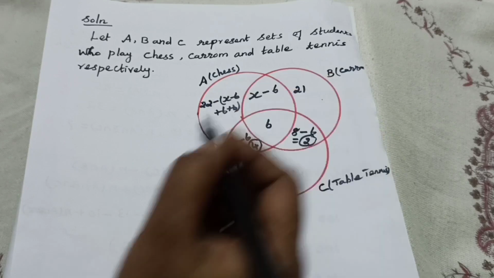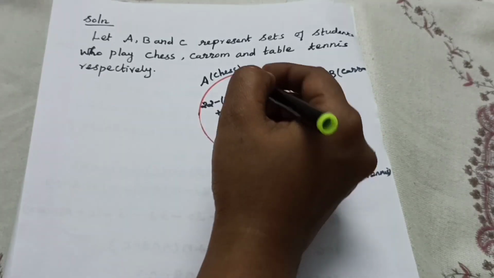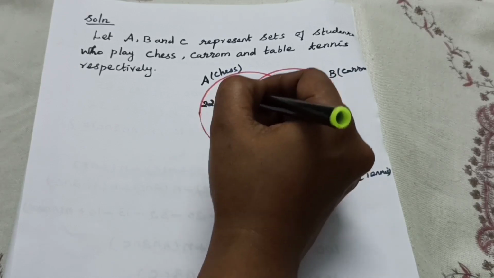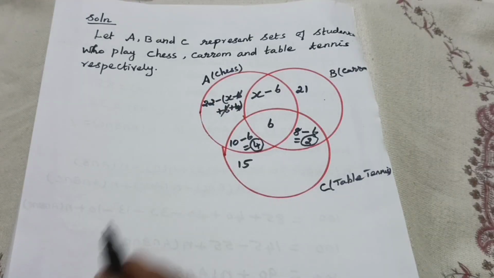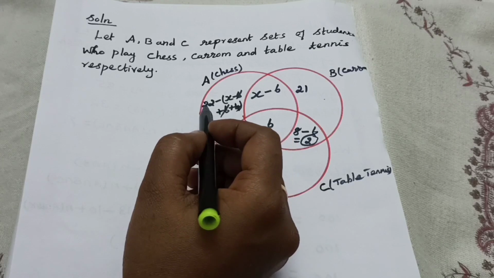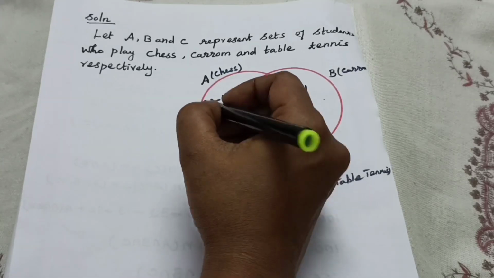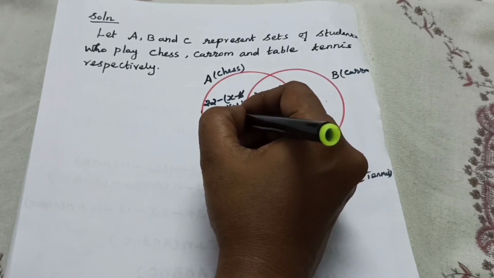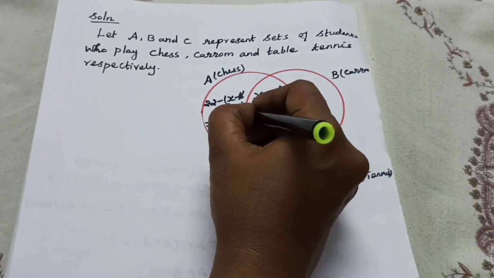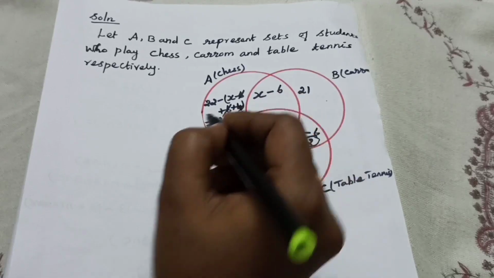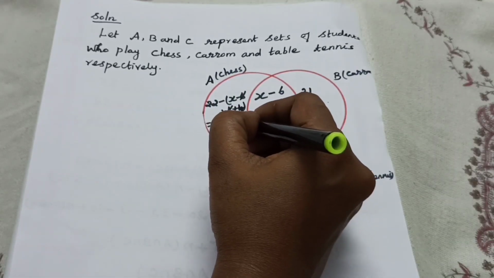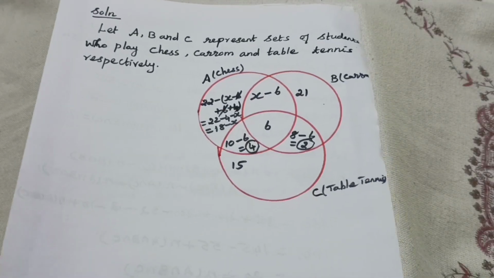You have to subtract. Then minus 6 plus 6, this we can cancel. Remaining, what will come? Equal to 22 minus 4 minus X. Then 22 minus 4 is 18, isn't it? 18 minus X we will get.